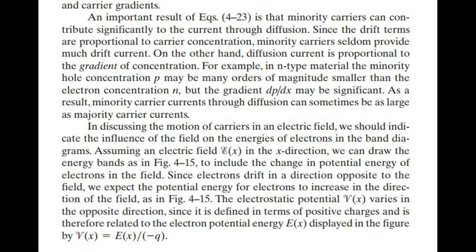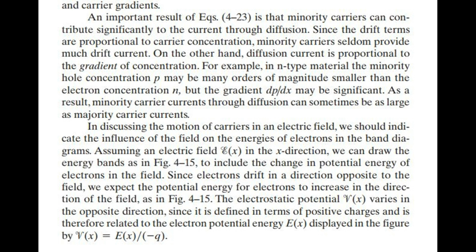In discussing the motion of carriers in an electric field, we should indicate the influence of the field on the energies of electrons in the band diagrams. Assuming an electric field, E(x), in the x direction, we can draw the energy bands as in Fig 4-15, to include the change in potential energy of electrons in the field.